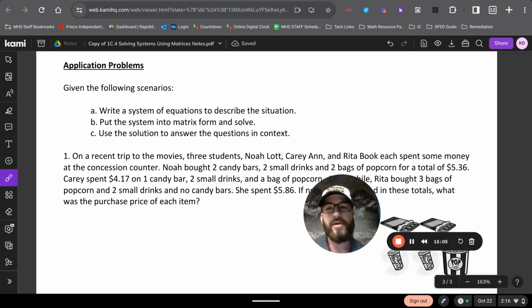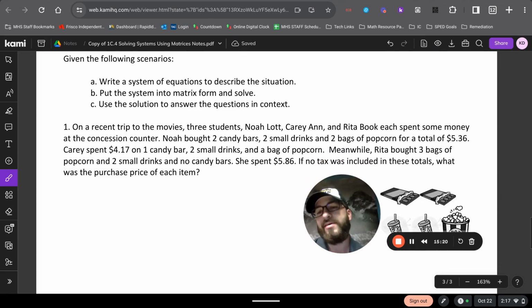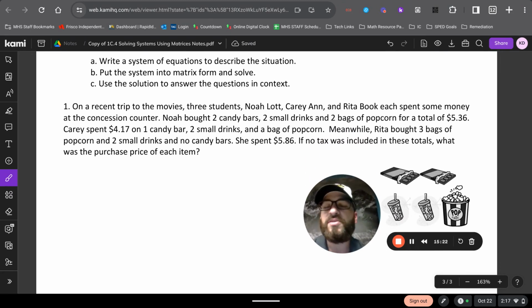Okay, so looking at these application problems, we want to write a system of equations to describe the situation, and then we're going to put that system into matrix form and solve. And then, of course, we're going to use those solutions to actually answer the question in context. Okay, so on a recent trip to the movies, 3 students, Noah, Carrie, and Rita, each spent some money at the concession counter.